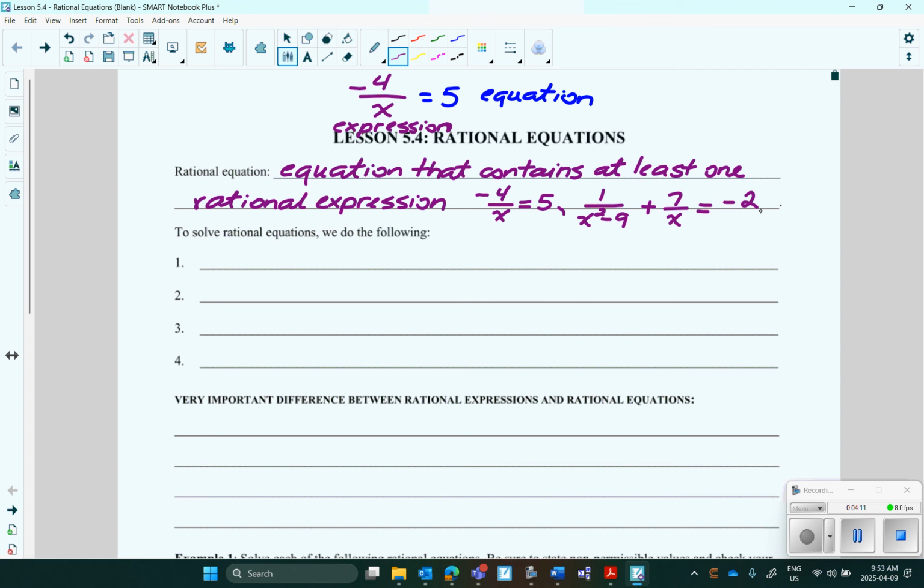And like I said, we solve them. Okay? So how do we solve these things? Because some of them are going to look pretty big. First thing we do, make sure all the denominators are factored, if you can. Remember, we did that with a lot of rational expressions when we were doing the operations.